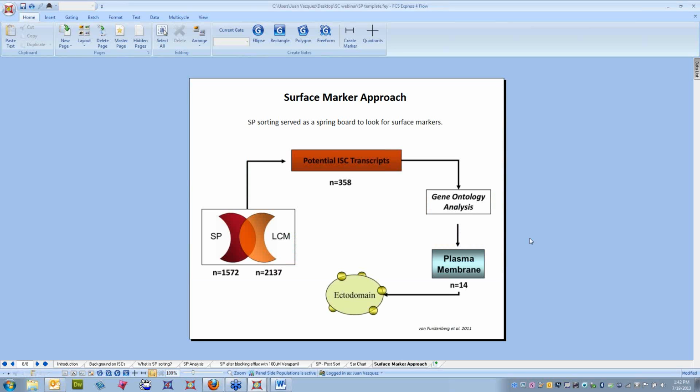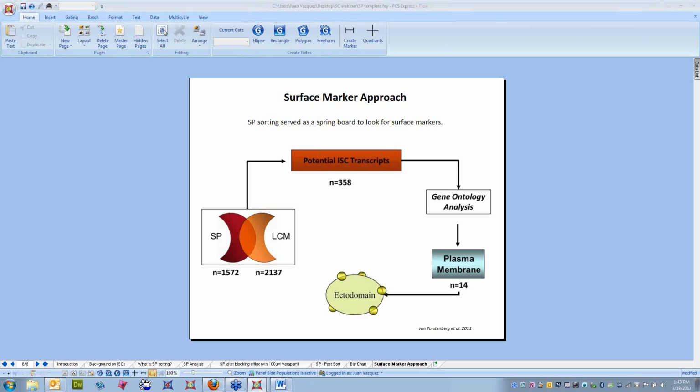So one great product of our side population sorting was the fact that it gave us candidates for a surface marker approach, because obviously a surface marker approach would be more gentle than this harsh incubation with the cytotoxic dye, the Hoechst 33342. So what we did is we took side population cells, which we knew by this time were enriched for stem cell transcripts, and crossed them with a laser capture microdissection of the crypt base, where the stem cells reside.